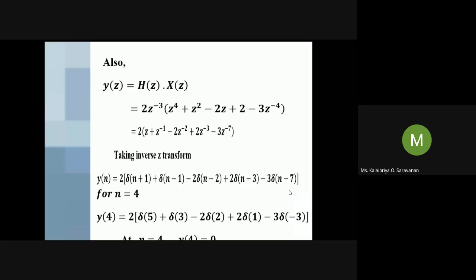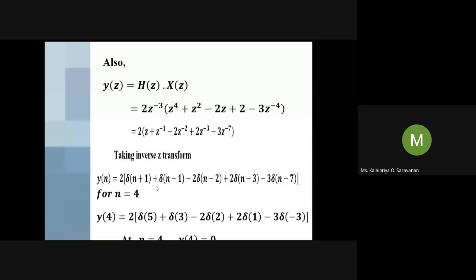So when you're preparing, make sure you study the basic z transforms of all the basic functions existing, and also learn by heart the statements of the properties of z transform, because this inverse z transform we have obtained using the shifting property. So the properties and the basic function z transforms will actually serve the purpose for solving any signals and systems problem. So we have got a y of n here.